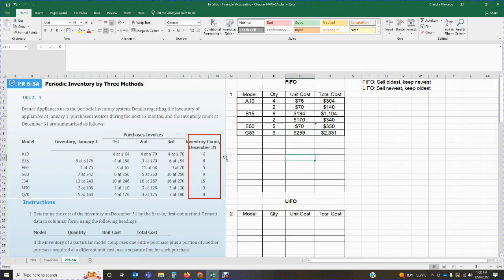So that's G83. Now we're going to go to J34. For J34, I've got 15 units remaining. Remember, we always keep the newest. So we have 15 remaining on that third purchase. We had purchased 16, so we currently have 15 out of the 16 remaining. So I'm going to have 15 remaining at $270.